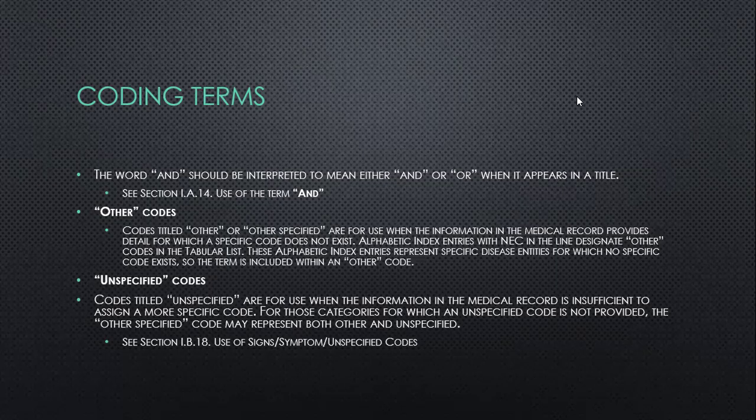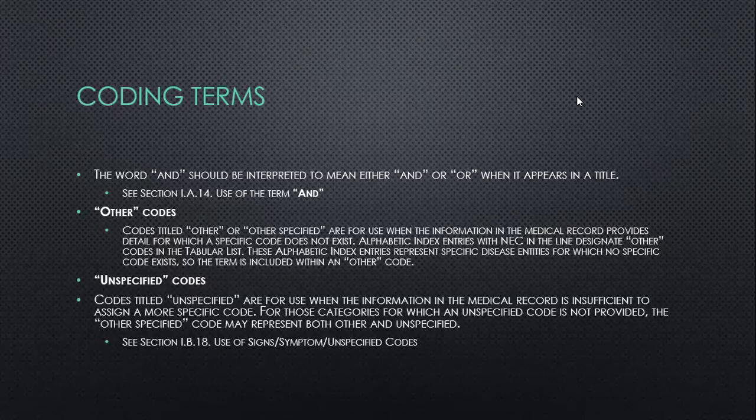We also have "other" codes. Codes titled "other" or "other specified," that we mentioned previously in the presentation for NEC codes, are used when the information in the medical record provides detail for which a specific code does not exist.